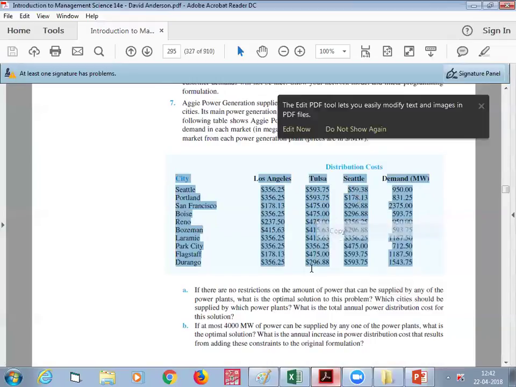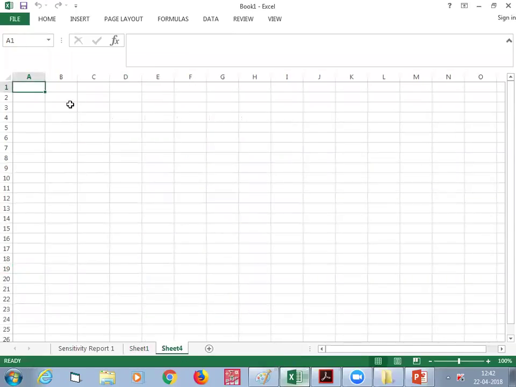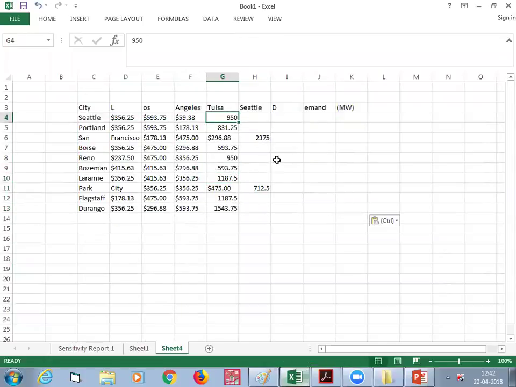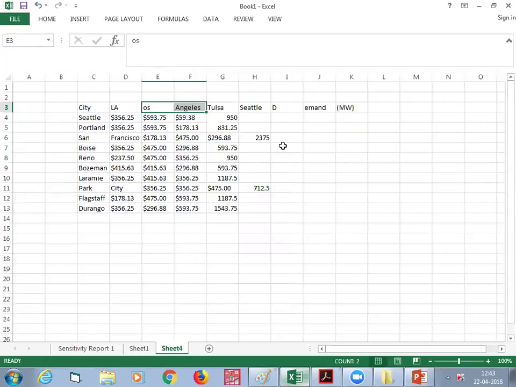Okay, so, all right, modify text. Okay, thank you. All right, so let's go to this and paste it here. Okay, it worked a little, but okay. All right, so this is Los Angeles. And then we can forget these two. Delete left. Okay, so Tulsa, and this is demand.